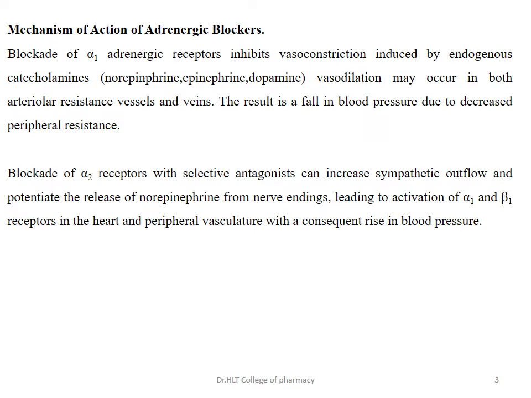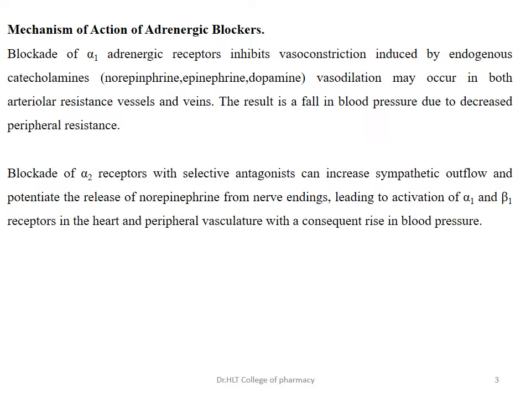So while adrenaline or noradrenaline binds to the alpha 1 receptors, it shows vasoconstriction, but if the particular blocker blocks the action, it reverses it. This produces a fall in blood pressure, that is the alpha 1 blocking action.